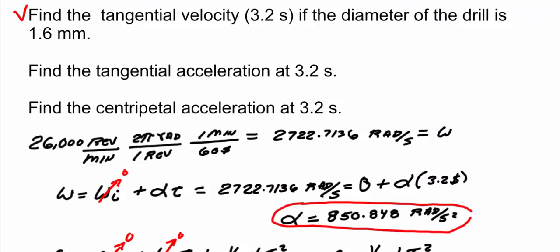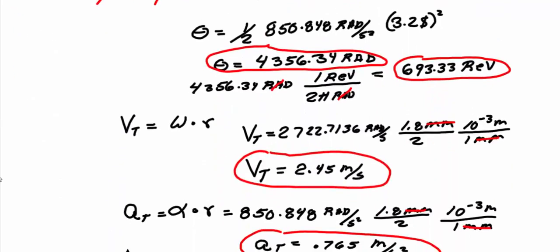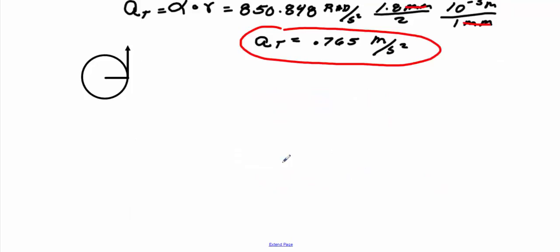All right, we got this one done too. And now the last thing is to find the centripetal acceleration at 3.2 seconds. We know from previous sections that centripetal acceleration is going to equal the tangential velocity squared divided by the radius.